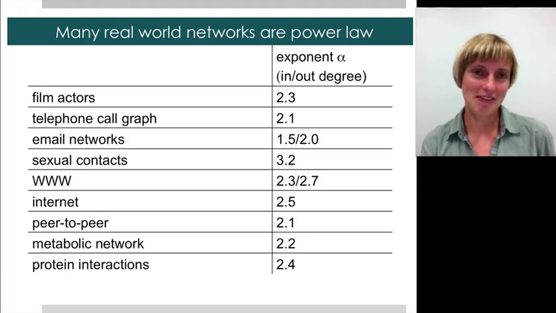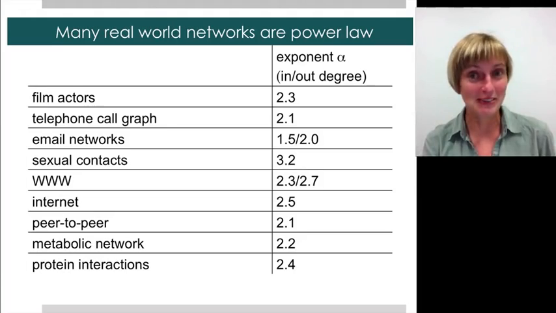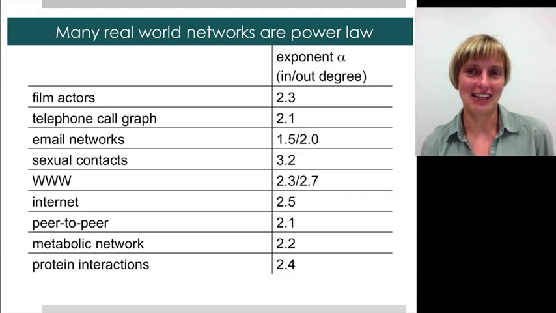And little did they realize that there's a certain kind of movie, namely pornography, that produced very high centrality actors because a single actor can star in many, many movies, right?